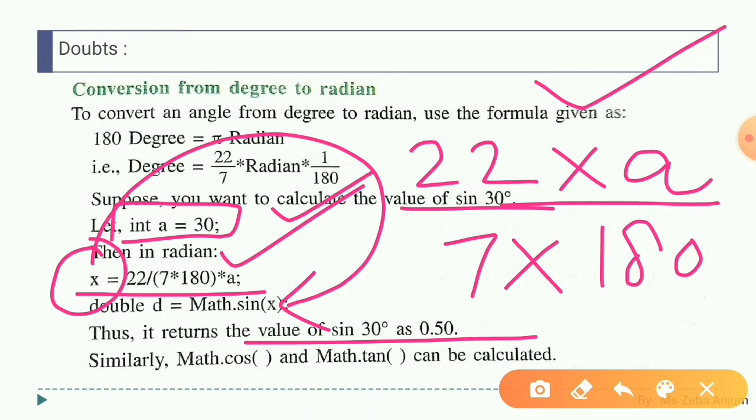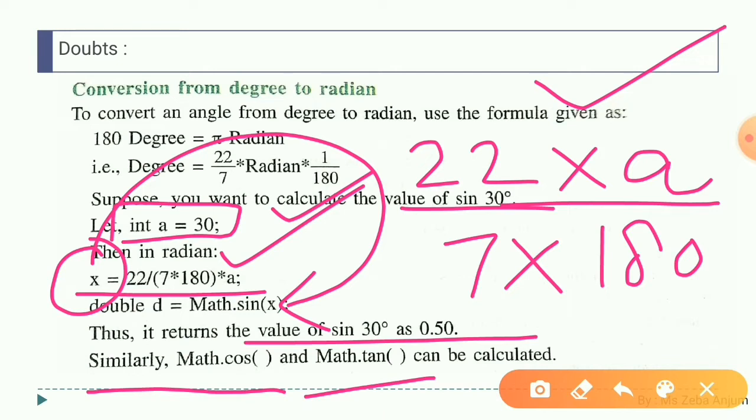And the same way you are going to calculate Math.cos as well as Math.tan. So firstly what you need to do is convert your degree into radian, and that is the most important thing over there. So you have to convert degree into radian at the very first thing, and then you are going to apply it as an argument over there. Now I think आपको अब कोई doubt नहीं रहा होगा इसमें.